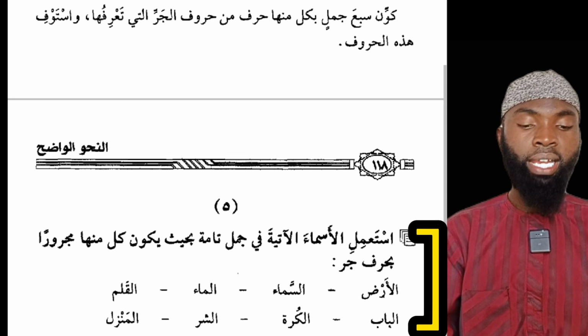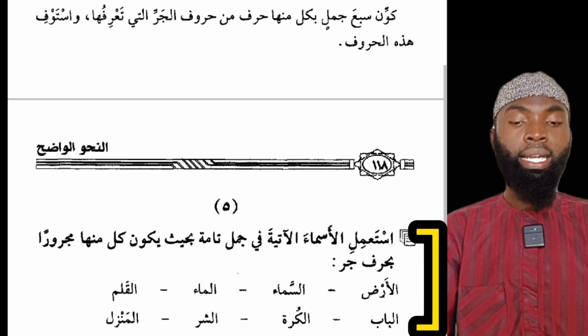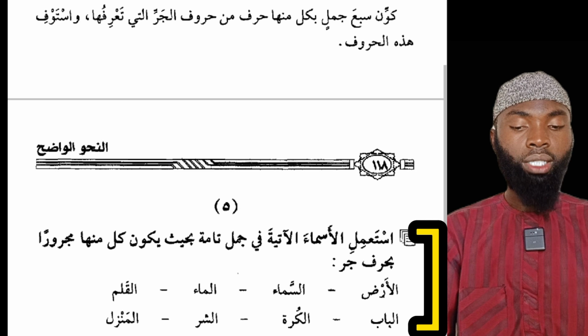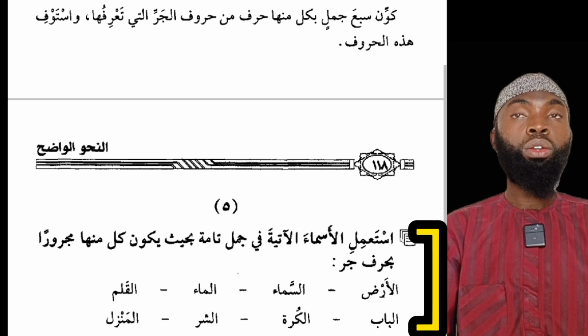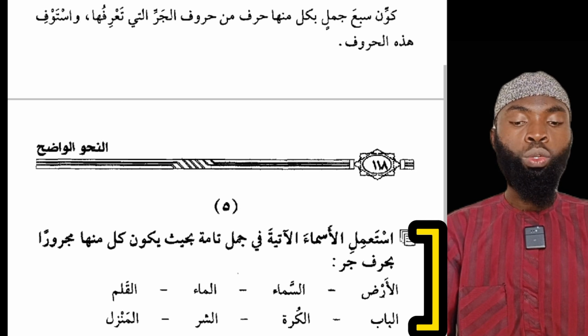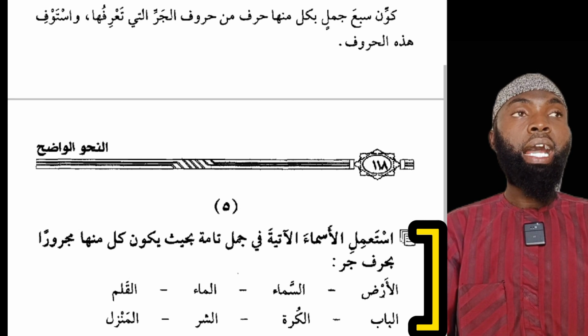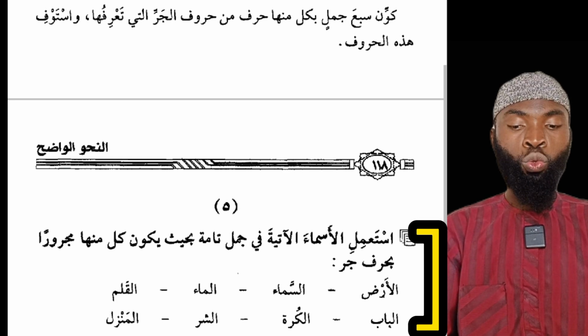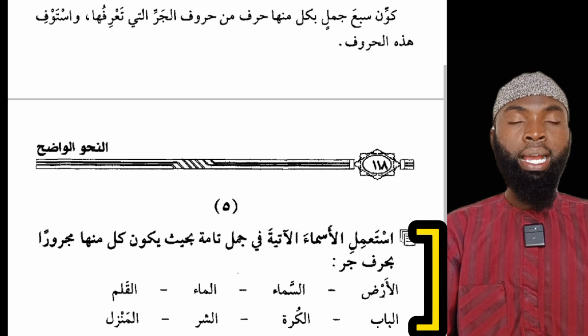The first noun we have here is al-ardu. We can say mashaytu alal ardi, I walked on the earth, on the land. As-sama, I can say nadharatu ila as-sama'i, I looked onto the sky. Al-ma'u, I can say gustu fil ma'i, I dived into the water.